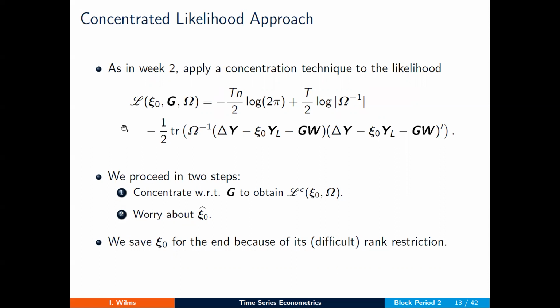And once we have that, we will plug in the maximum likelihood estimator for G and continue with this concentrated log likelihood. In a last step, we will then estimate psi0, and we save this one for the end, as these are the difficult cross restrictions that need to be taken into account in this step.